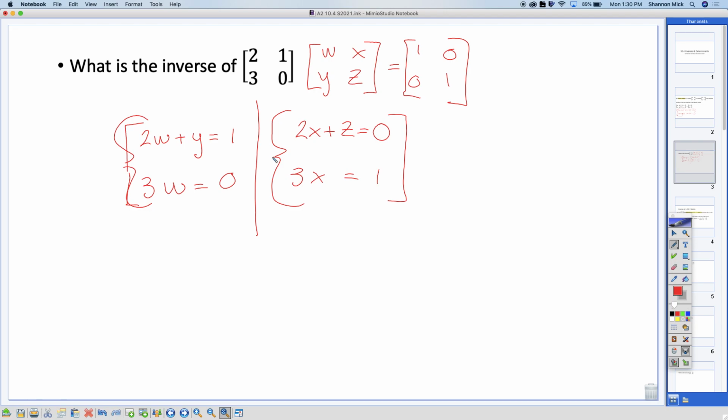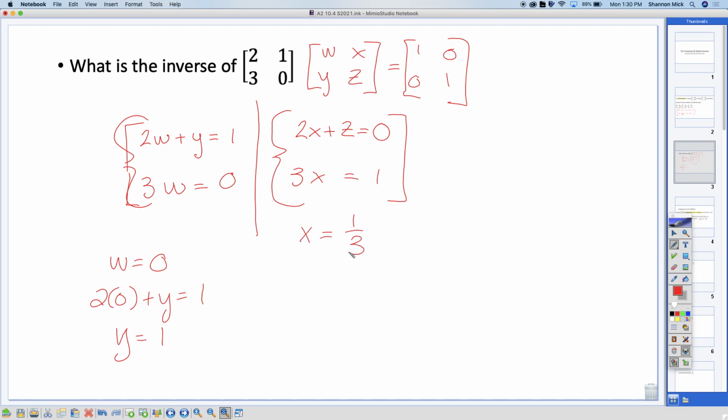Because what is W? Zero. Because I have 3W equals 0, W would be zero. So if W is 0, I plug that back in. 2 times 0 plus Y equals 1. So Y is 1. Over here, what's X? 1/3.